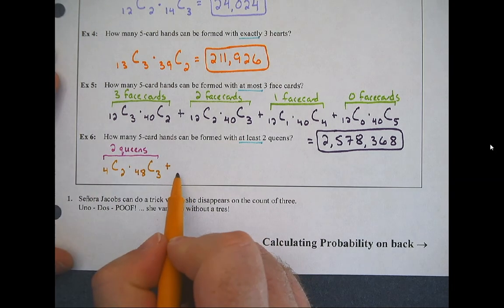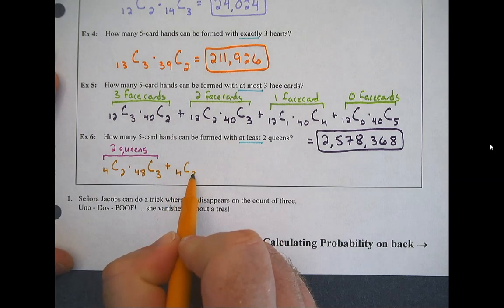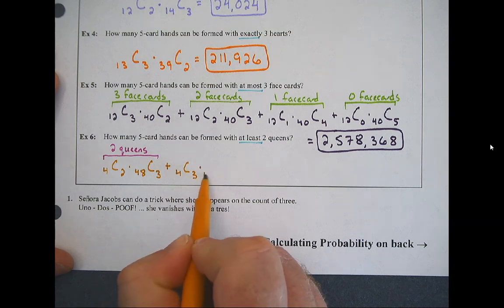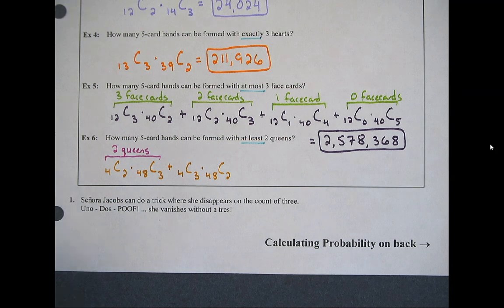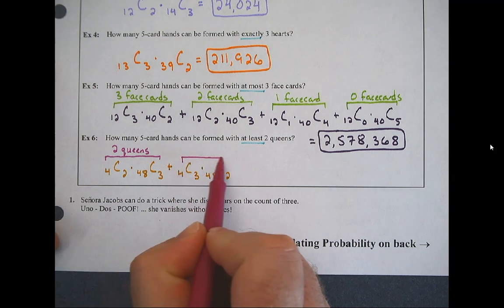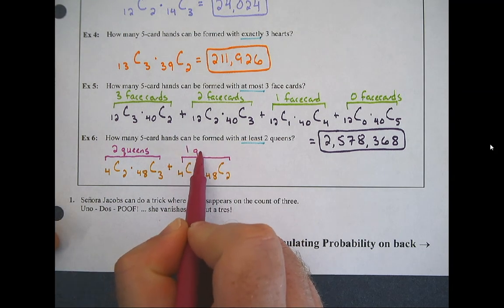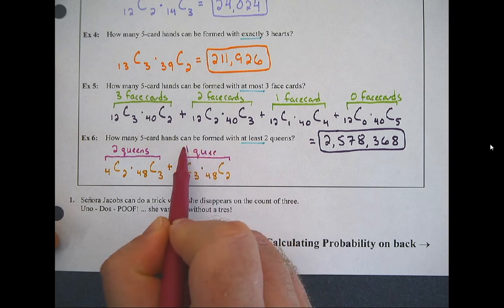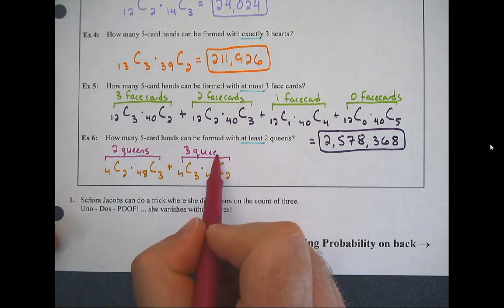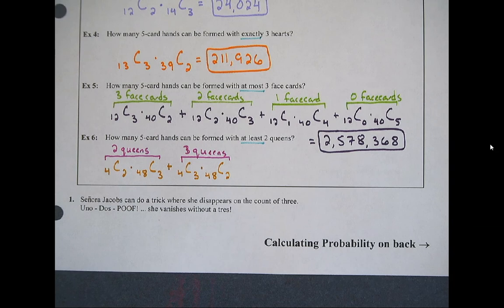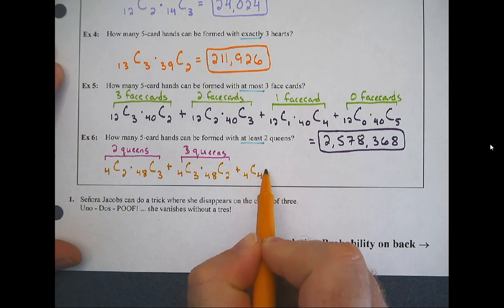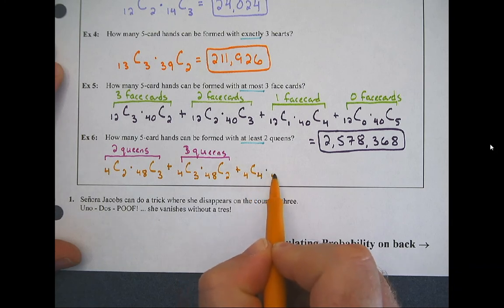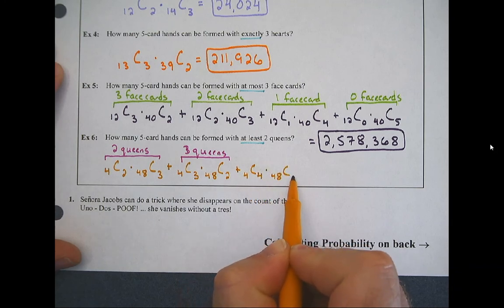Or I could choose 3 queens and finish the rest of my hand. My bad, that's the scenario where I've chosen 3 queens. Or I could choose 4 queens and then pick 1 card from the group of non-queens.